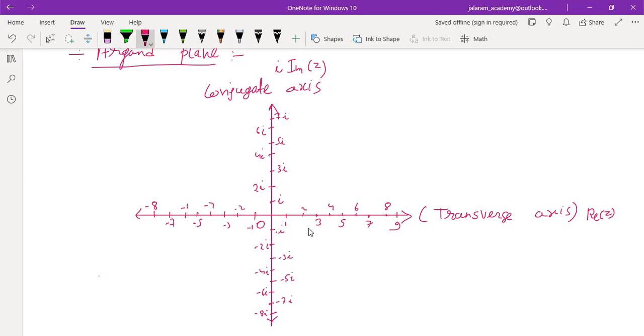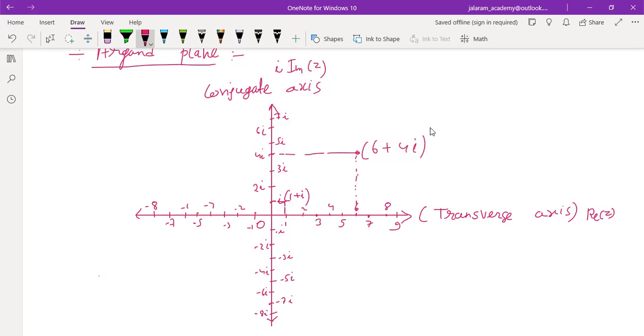And at their point of intersection, if we mark this point, it is 1 unit along the transverse axis and 1 unit along the conjugate axis, so it is 1 plus i. Understood? Similarly, if we find the point of intersection of this 6 and this 4, it is 6 plus 4i.